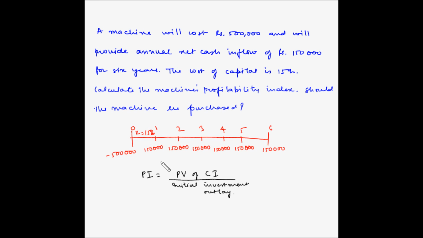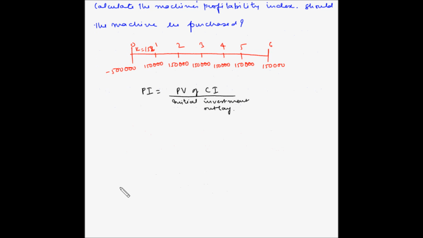So we can use the formula for present value of an ordinary annuity to find the present value of the cash inflows. Now the formula for present value of an ordinary annuity is equal to the annuity amount A into bracket 1 divided by i minus 1 divided by i into (1 plus i) to the power n.